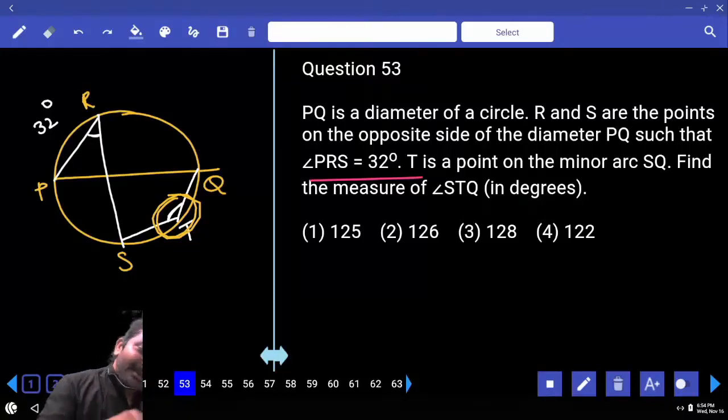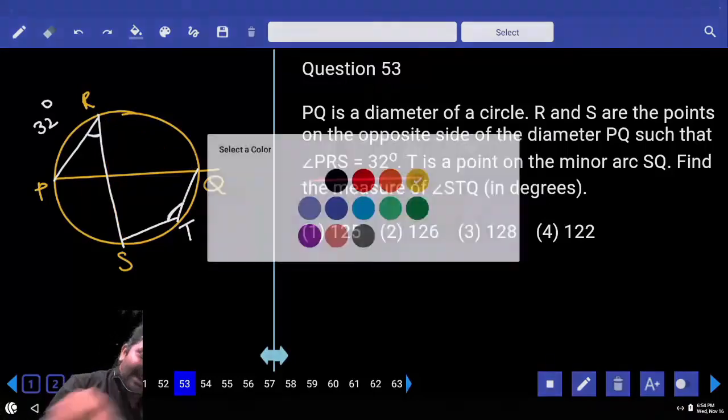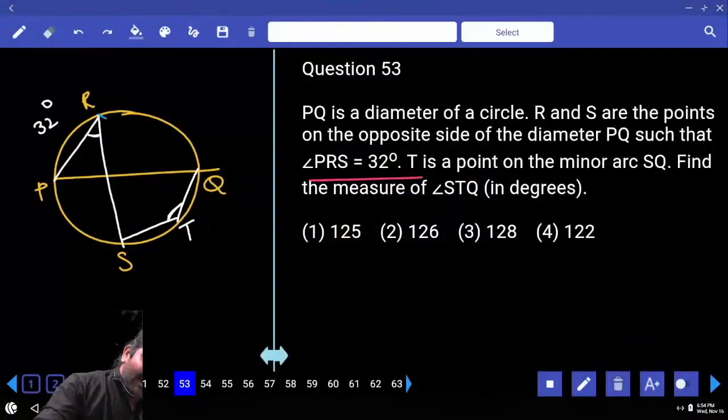Can you make one? Where? S, R, Q, T. That's a cyclic quadrilateral. So now I will consider that cyclic quadrilateral by joining R and Q.